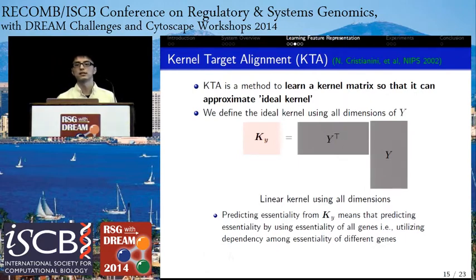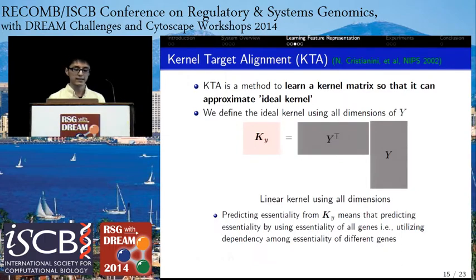In this case, we define the ideal kernel using all dimensions of Y. This is the illustration in the case of the linear kernel using all dimensions of Y. So predicting essentiality using this KY means predicting essentiality using essentiality of all genes. That is predicting essentiality using dependency among different genes.